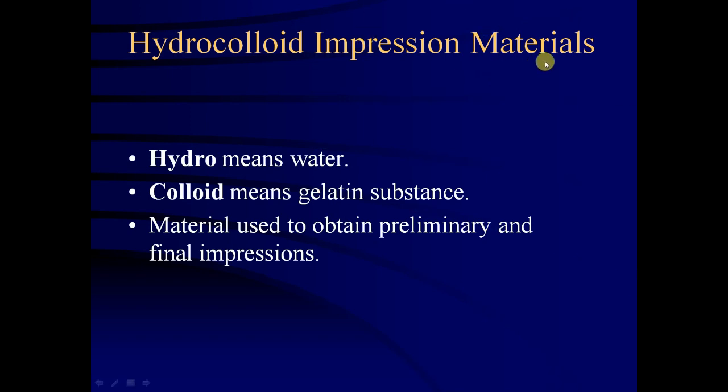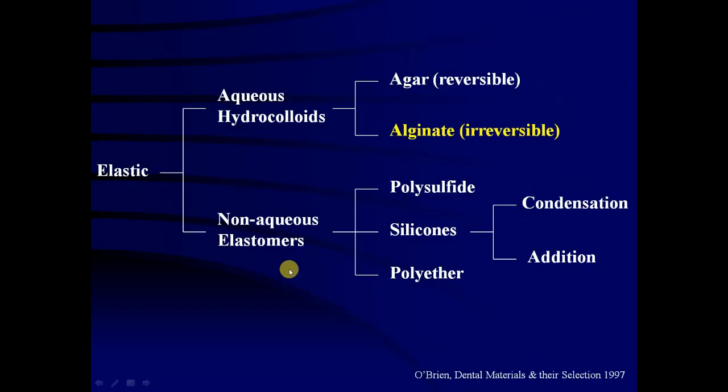Hydrocolloid impression materials. Hydro, as you already know, means water, and colloid means gelatinous substance. These are the materials used to obtain the preliminary and the final impressions. We have already discussed this classification.